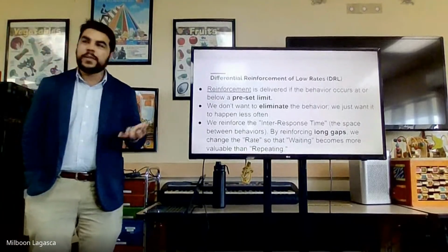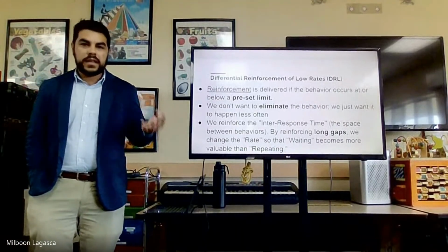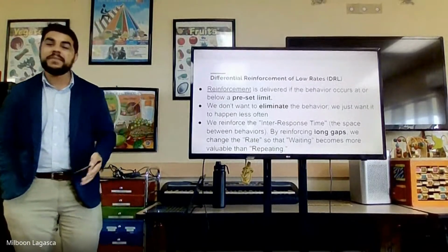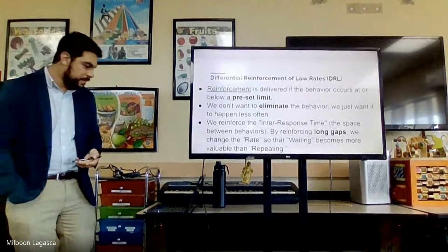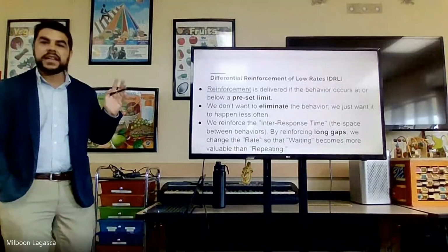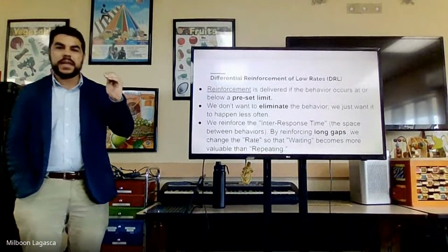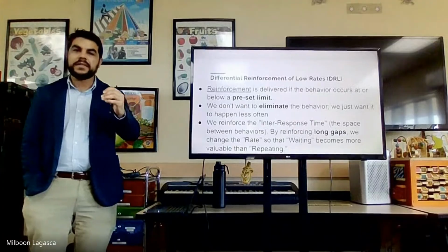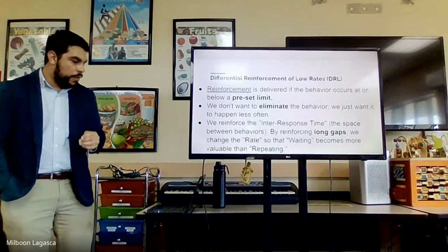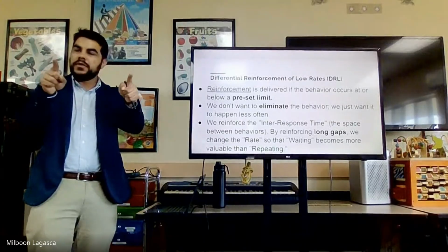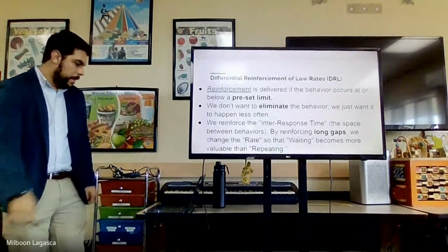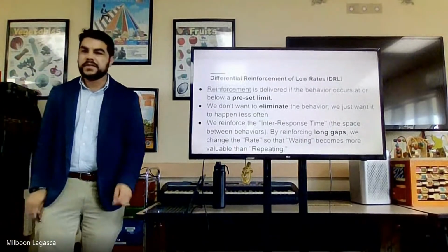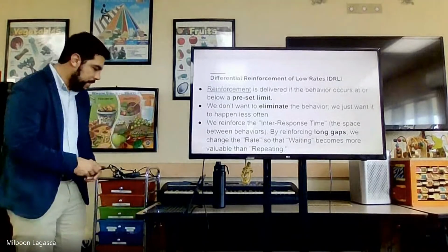That is an appropriate way for them to get the attention they need. However, if it's happening too often, it may become a little bit too disruptive. So instead, you're going to reinforce them engaging in the behavior for a preset limit of time. And we want to reinforce the interval in between the separate instances of behavior occurring. That is referred to as the inter-response time.